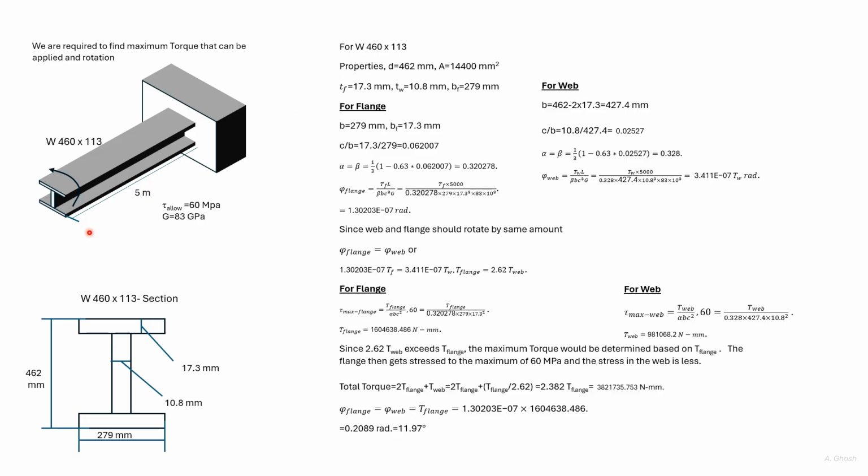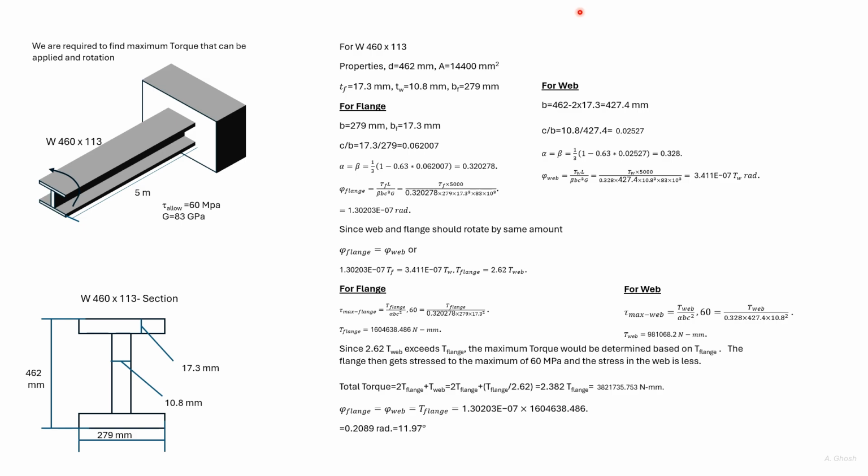Now consider the straightforward case where we are given the value of the torque applied. Then we can see that the torque is equal to twice the torque taken by the flange plus the torque taken by the web. We do not know the torque taken by the flange and the torque taken by the web, so we have two unknowns.